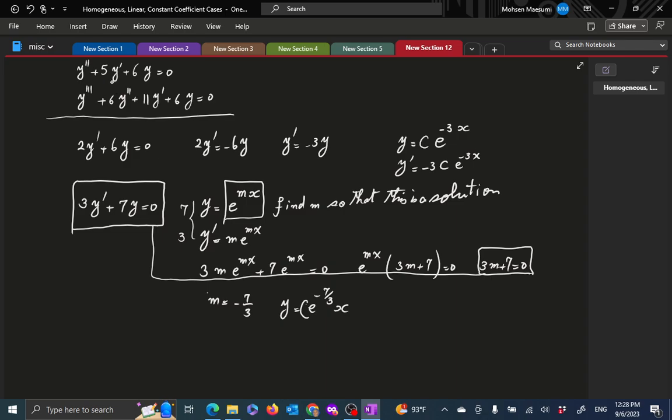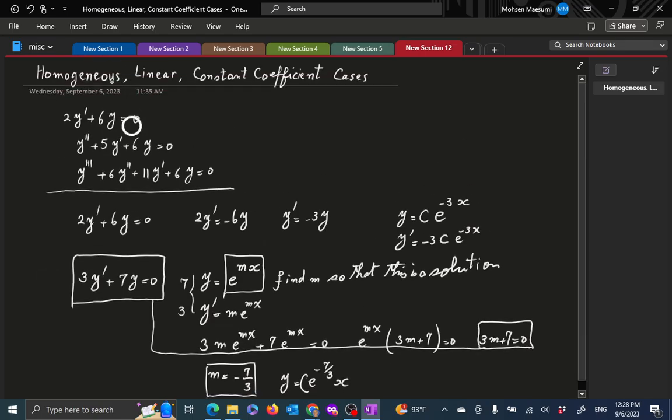Solve that, and then I have my general solution. So from the ODE to an algebraic equation, solution of the algebraic equation, solution of the ODE. This is the process that can be applied across the board to all these equations, so long as it's homogeneous, linear, constant coefficient. We can apply this.